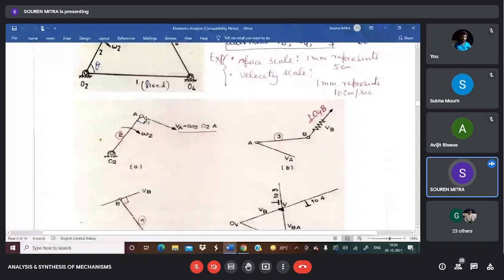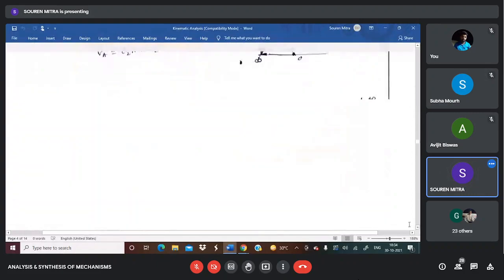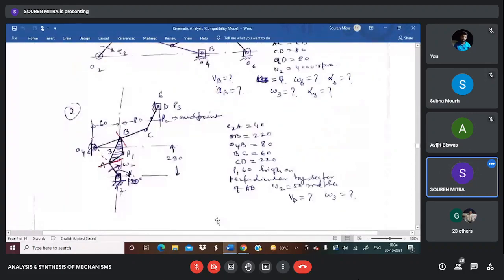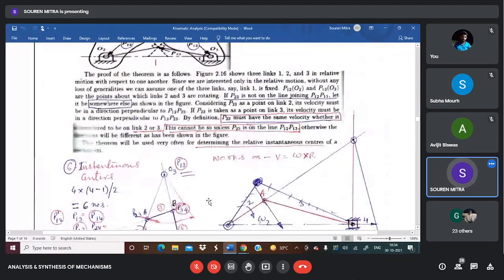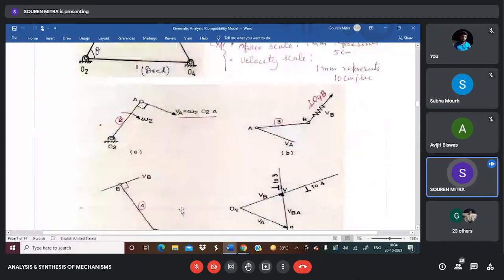Only the velocity diagram can be drawn directly if we are using the relative velocity method, or if we are using the instantaneous axis method, then we can directly draw above the mechanism.